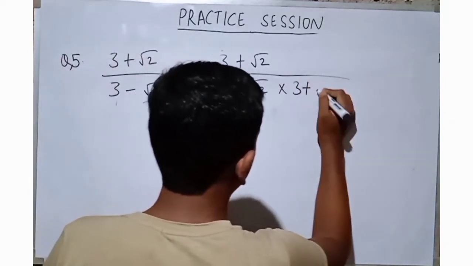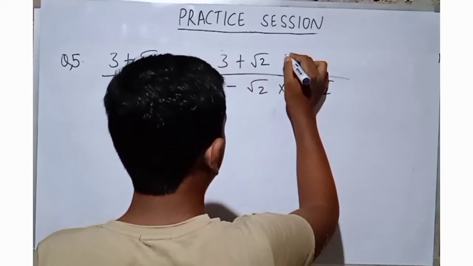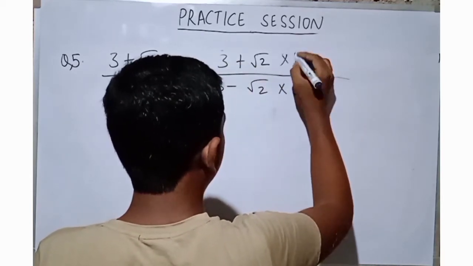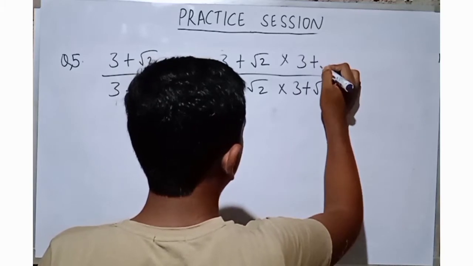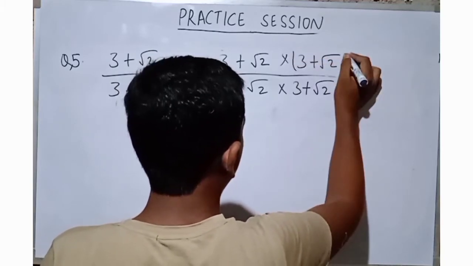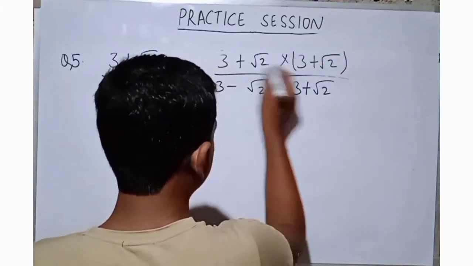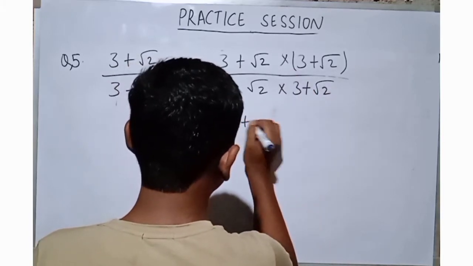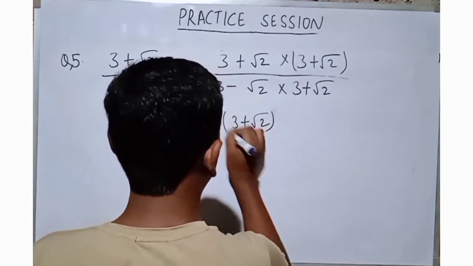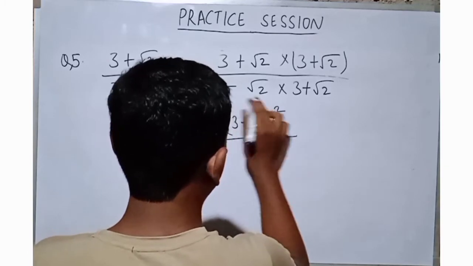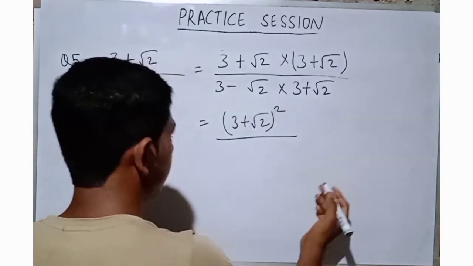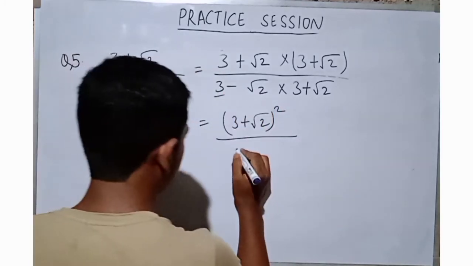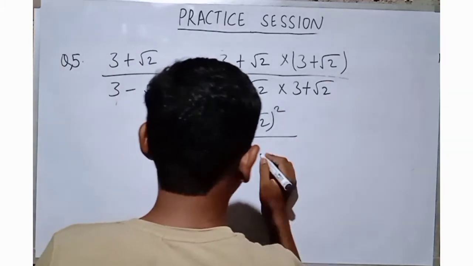So it will be 3 plus root 2, and again 3 plus root 2. So see here, a plus b whole square by a minus b times a plus b. So it will be a square minus b square. So 3 square will be 9 minus root 2 square will be 2.